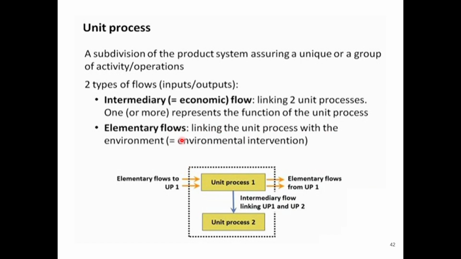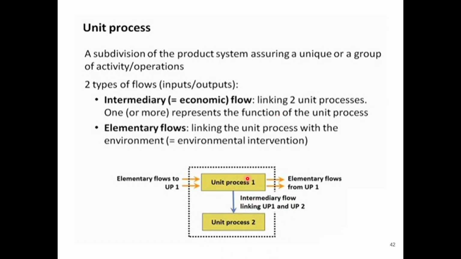Now, when we talked about inflow and outflow, that was from the environment. Inflow was coming from the environment to the process, and outflow was going from the process to the environment. So that is basically environmental intervention. However, an intermediary flow is always between two unit processes.